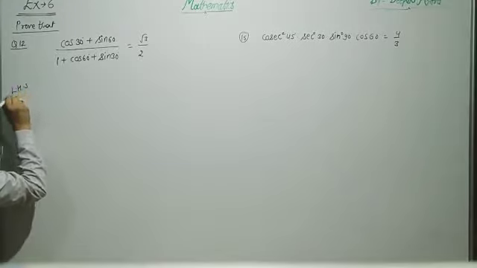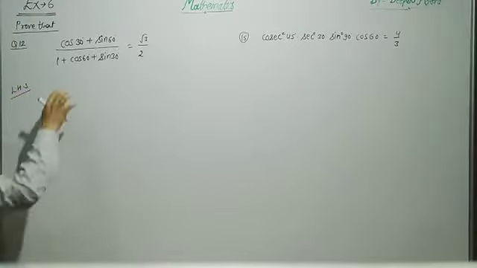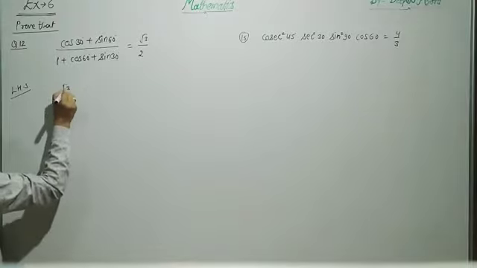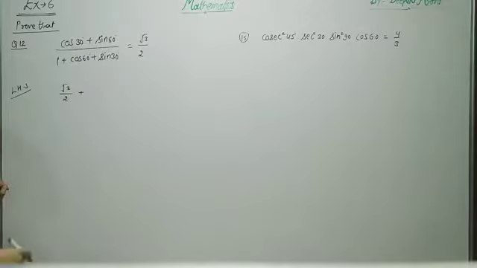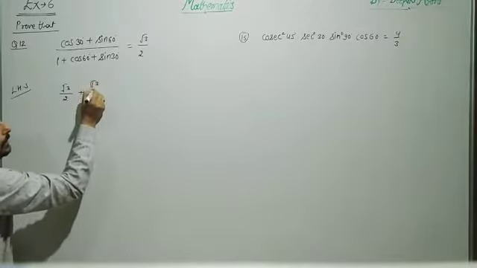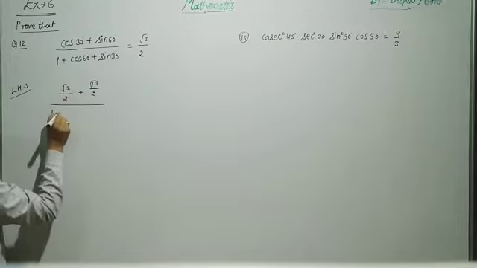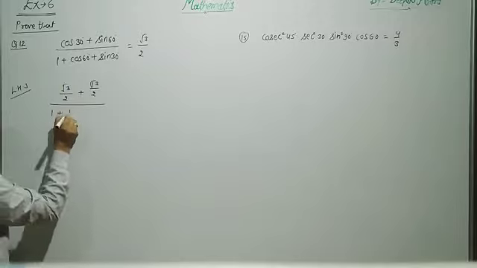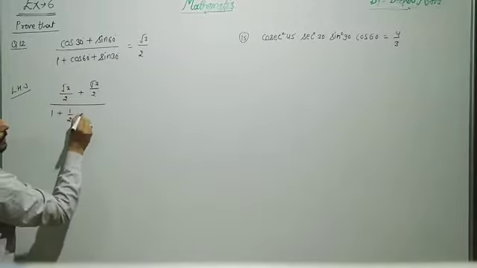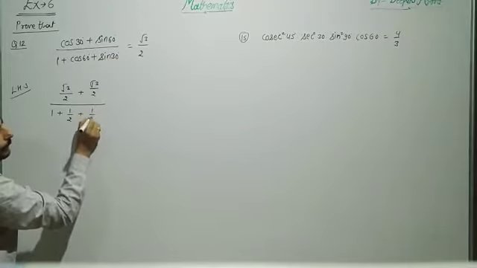Taking the LHS, cos 30 has the value root 3 by 2, plus sin 60, which we know is also root 3 by 2, divided by 1 plus cos 60, which is 1 by 2, plus sin 60, which is also 1 by 2.